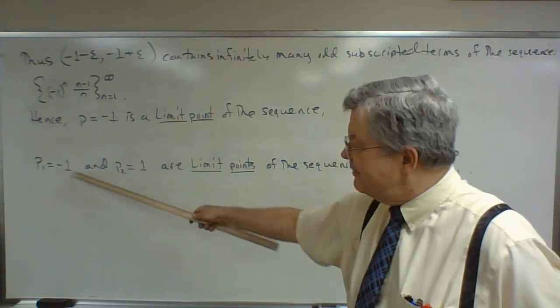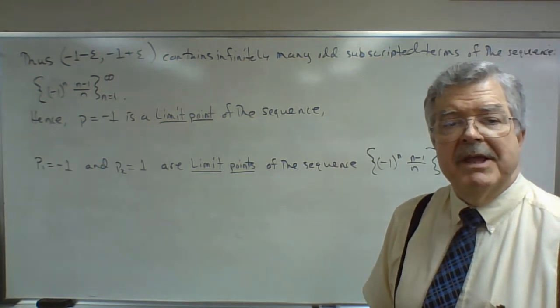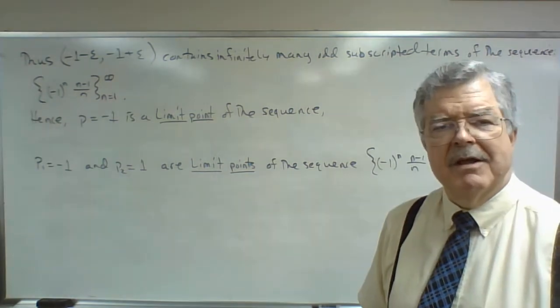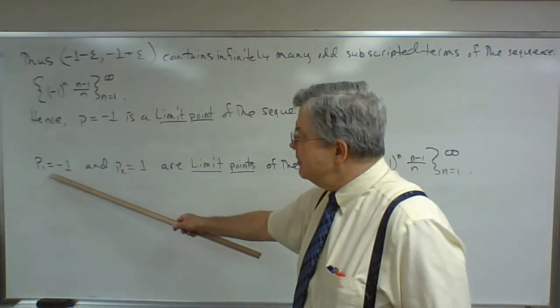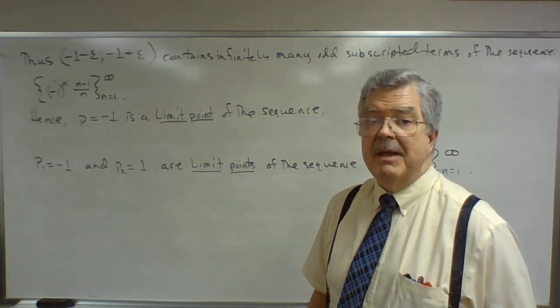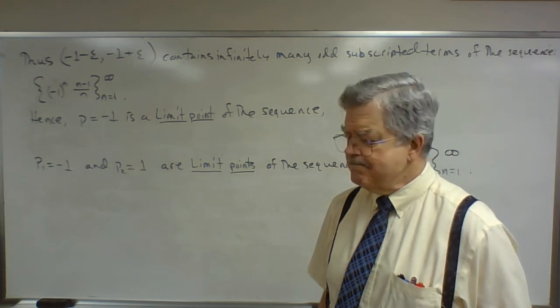Could either of these two limit points, or maybe both, be a limit of the sequence? What do you think about that? That we have two limit points of this sequence. Could either one of those, or maybe both, be a limit of the sequence? What do you think?